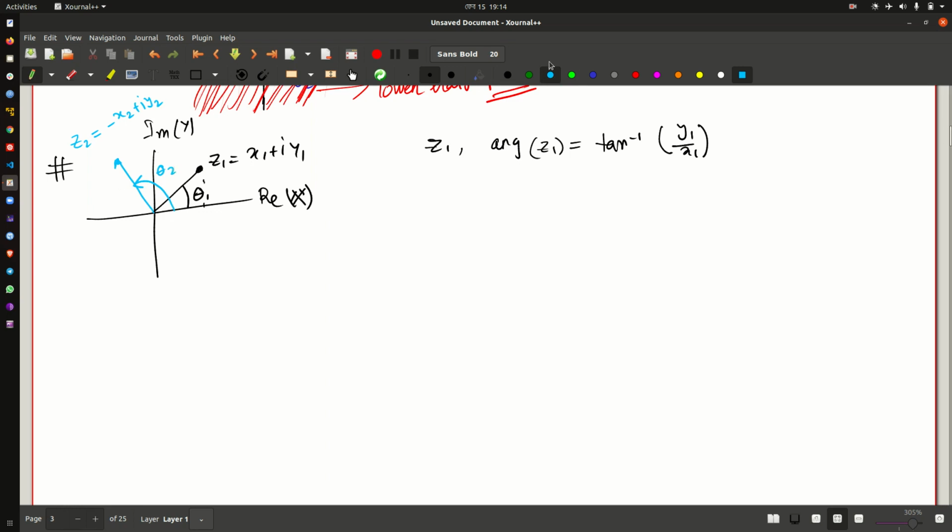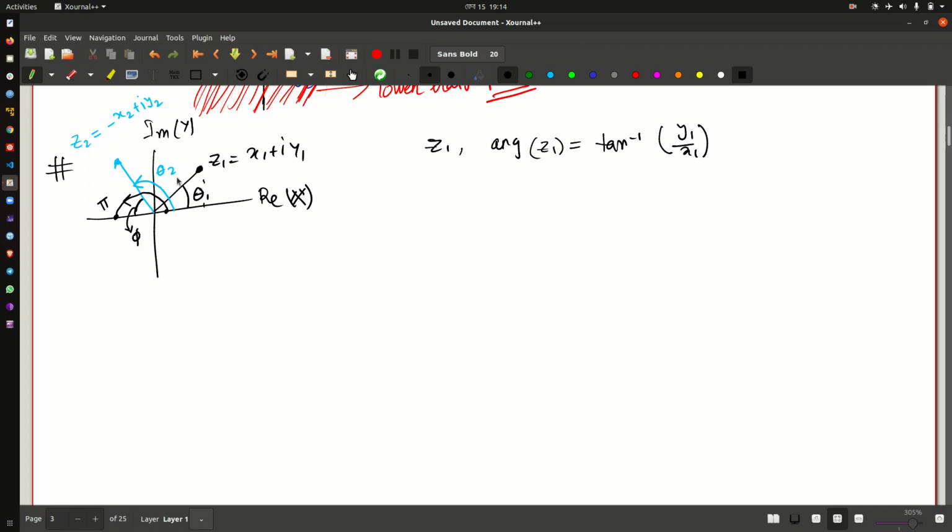From the positive real axis to the negative real axis, we have a total angle of pi in the anti-clockwise direction. And if we subtract some angle that is denoted as phi over here, we can get theta 2, right? That's what we are after.